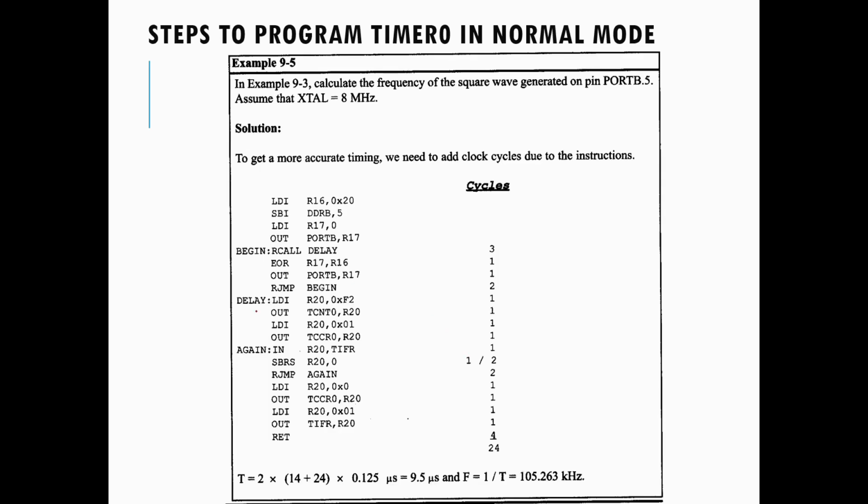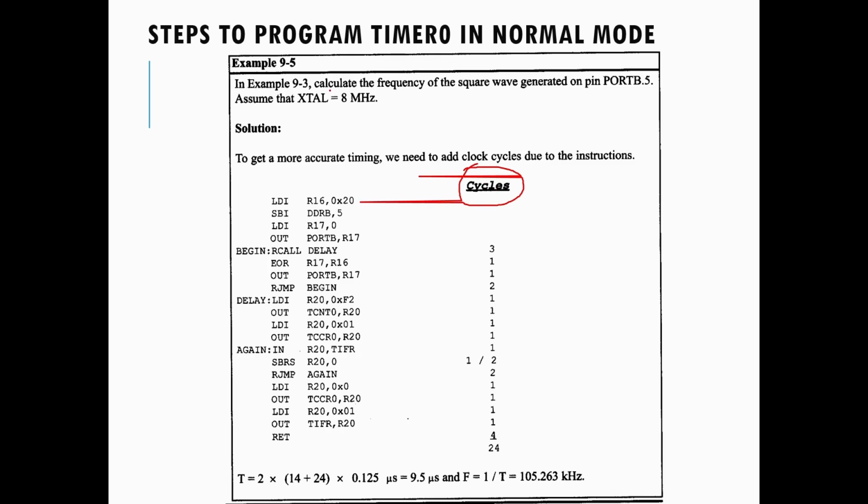What is the frequency of the square wave generated on pin port B5? This is the code which reads at pin port B5. From the code, we get the cycles. These cycles you can find in the instruction set.